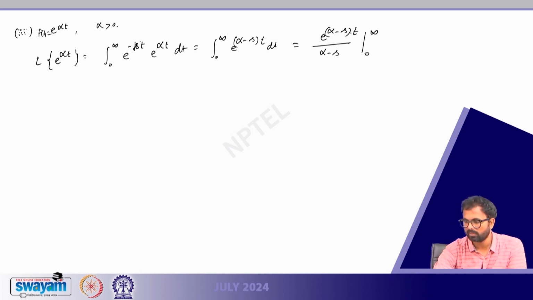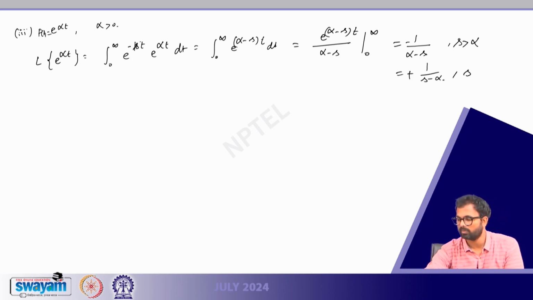Otherwise, if alpha is greater than s, it will go to infinity. So definitely we need to have s greater than alpha. It will become 1 by alpha minus s, or minus of s minus alpha, and with a negative sign here, this will become plus.